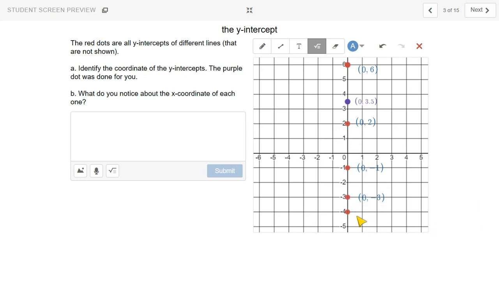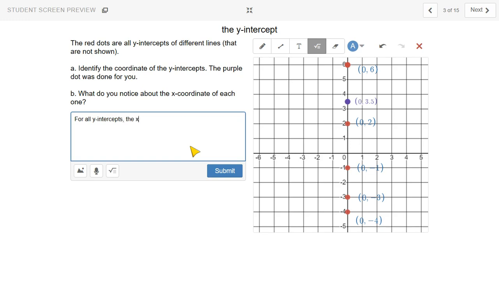Finally, we have 0 and -4. Now, what do you notice about the x-coordinate of each of the y-intercepts? You probably notice that the x-coordinate of each one is equal to 0.